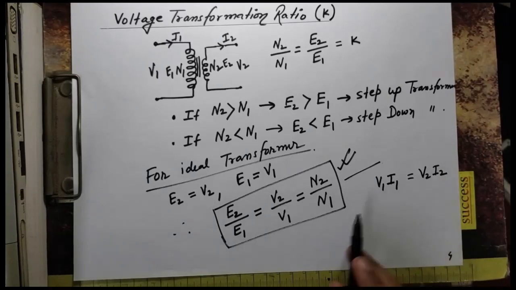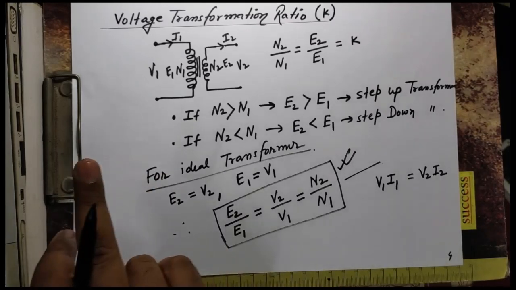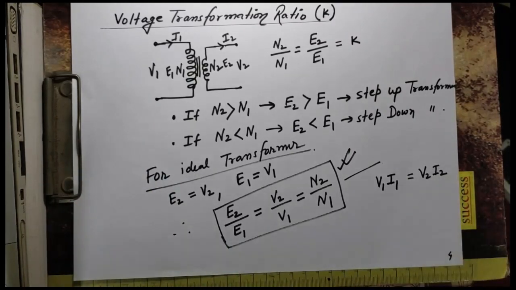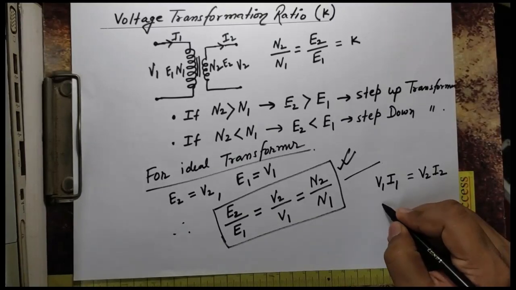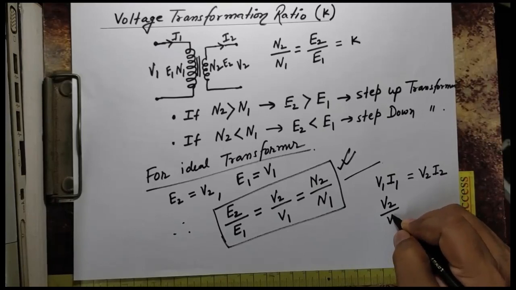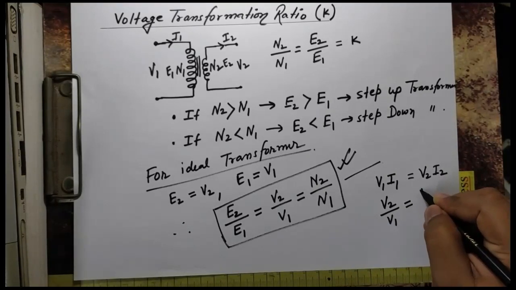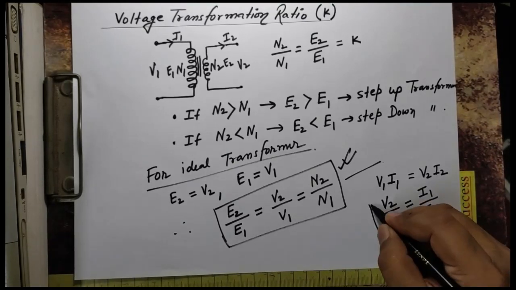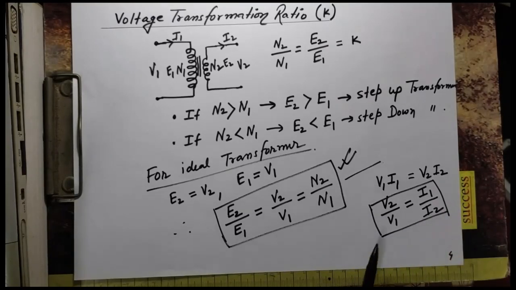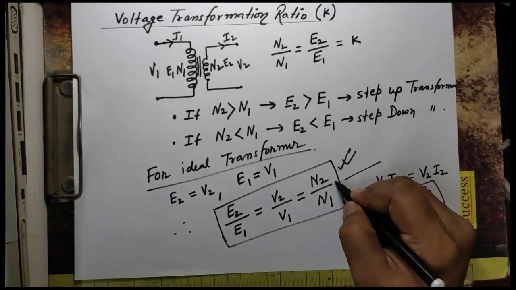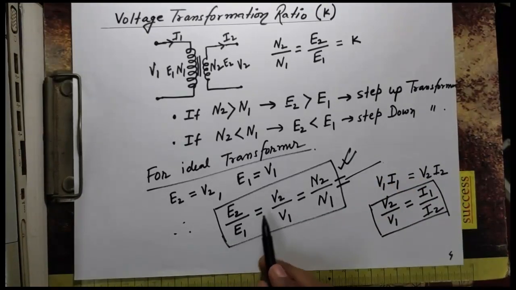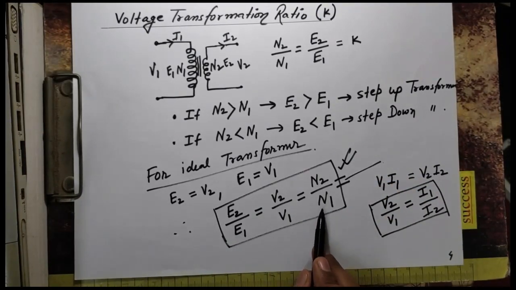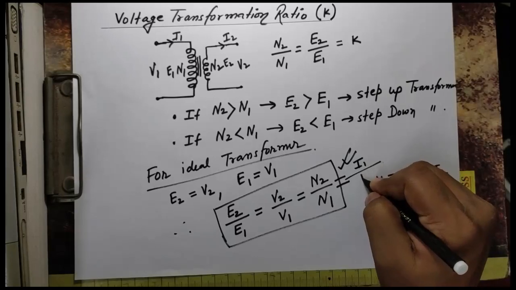Since it is lossless, input power and output power are equal. From here I can write V2 by V1 is equal to I1 by I2. This is another relation. So E2 by E1 is equal to V2 by V1 is equal to N2 by N1, and according to this relation, this is equal to I1 by I2.